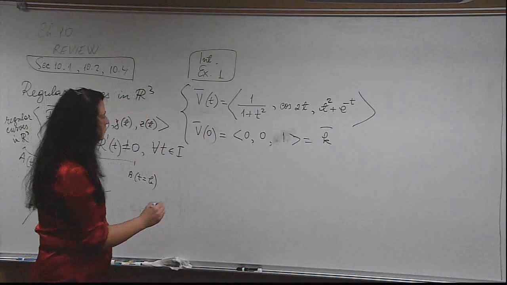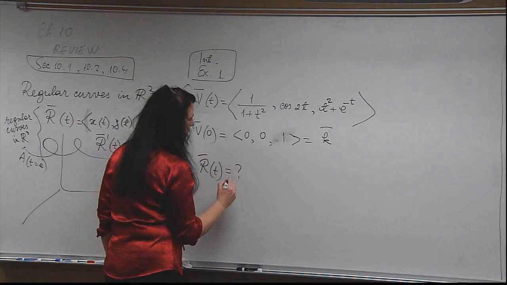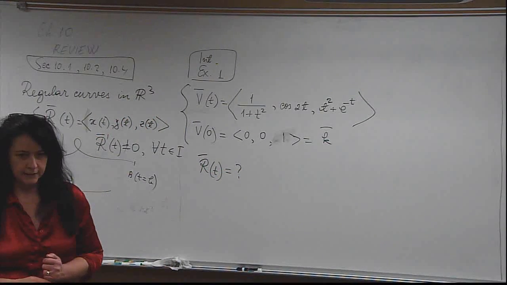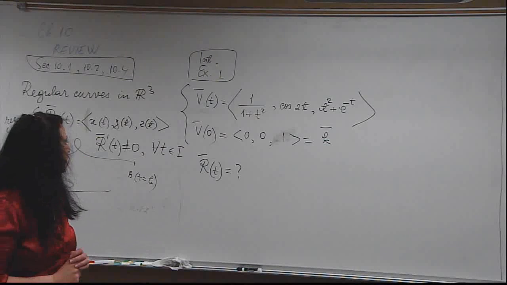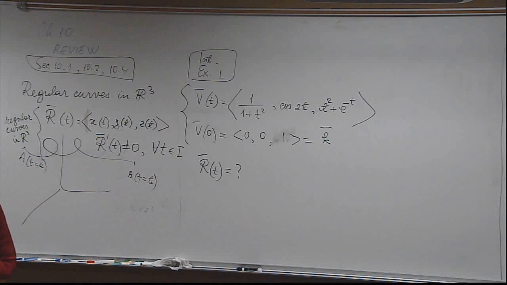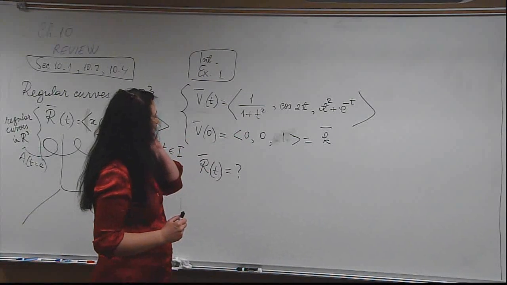Using this vector, find me the law of motion, which means find the position vector corresponding to this velocity vector. What is this? It's actually an initial value. When you plug 0 in, don't you get 1, 1? Yeah, you get 1, 1.